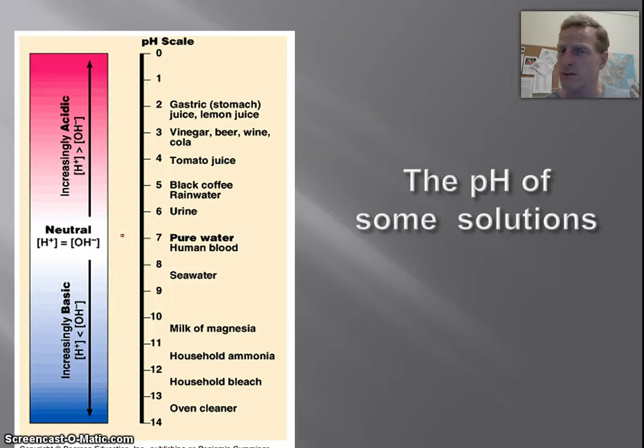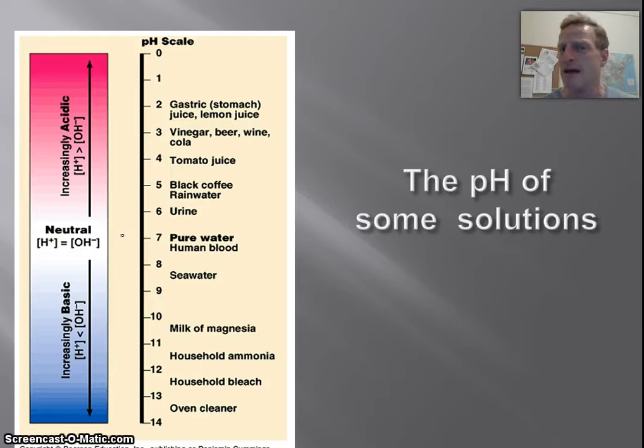Going to 0 would be a very, very strong acid. Pure hydrogen ion would be, or very close to pure, something about a pH of 0. Going above 7, we have 8, 9, these are weak bases, all the way up to 14. That's a very strong base, like oven cleaner. Pure sodium hydroxide is a very strong base which will burn your skin.